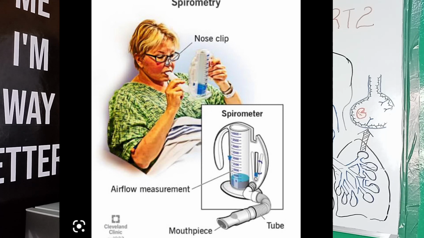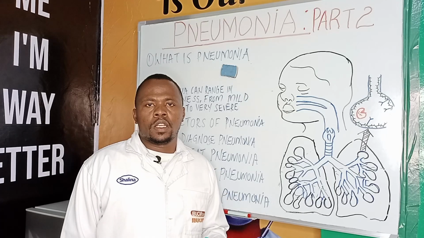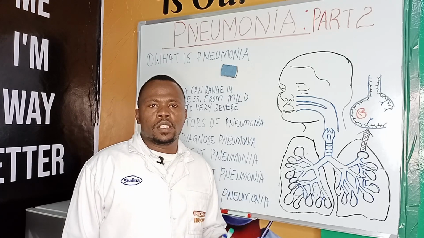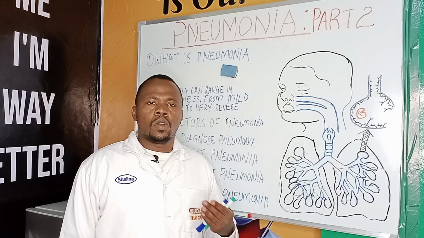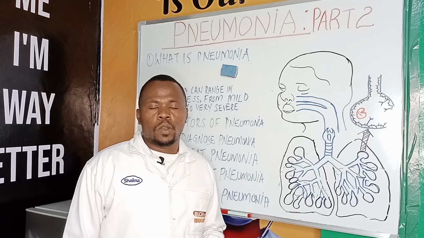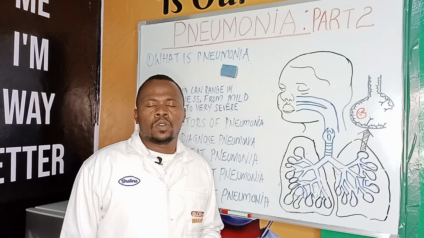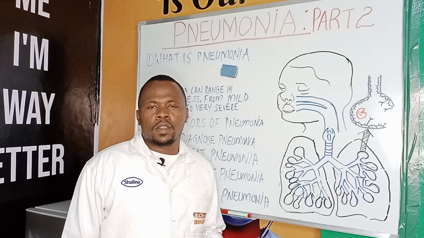This is a device that is put on your fingertip to measure the amount of oxygen that is reaching your bloodstream. In pneumonia, there is not enough air passing from your lungs into the bloodstream, so you might have low SpO2. And we also have a chest X-ray.